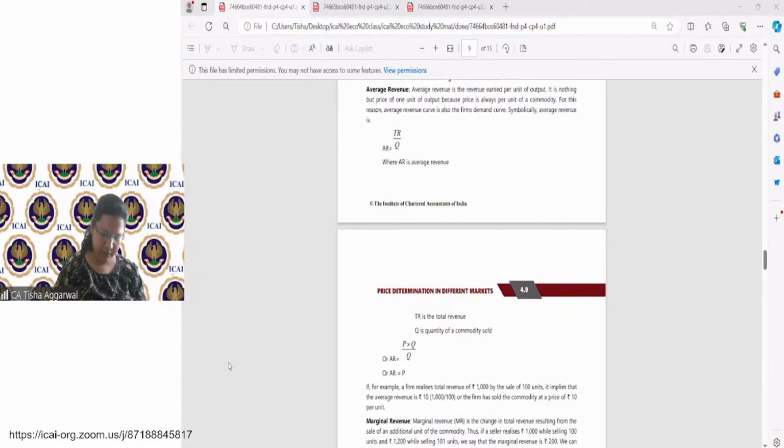Okay, there is no doubt as yet. Clear to Ishika, clear to Abhinandan, Simar, Satish. Yes, average revenue is earned per unit of output.